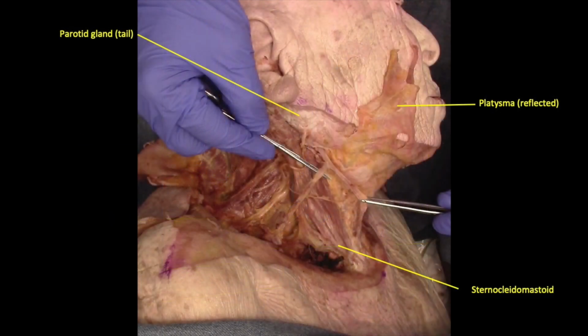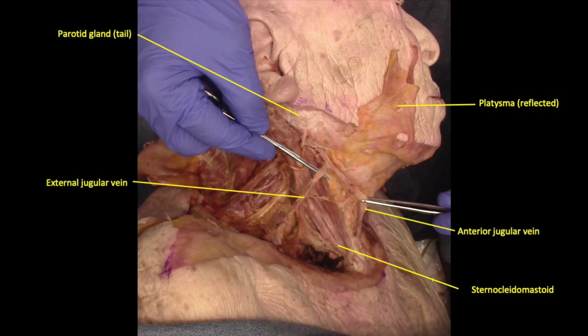The plethora of nerves in this region, as well as the high variability of the superficial veins, requires careful dissection in this region. With patience and skill, however, it is possible to see the venous pattern as shown in this slide. For example, note the anterior jugular and external jugular veins coming together to form the common facial vein.